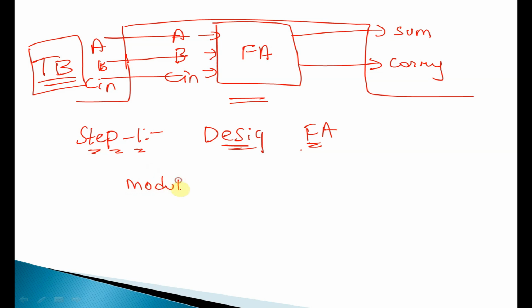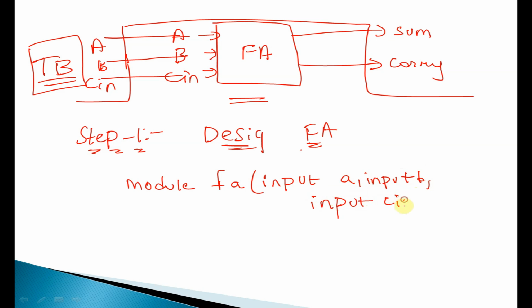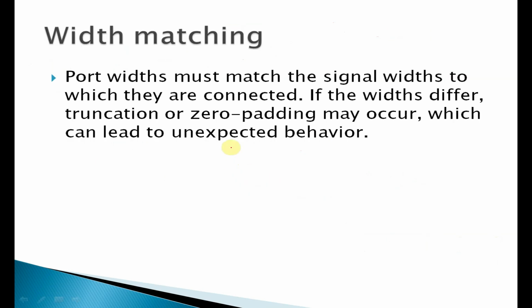You should write the module followed by the module name fa, and declare the ports: input A, input B, comma, input C, and output sum, output carry. Okay, so these are all your input ports and output ports.